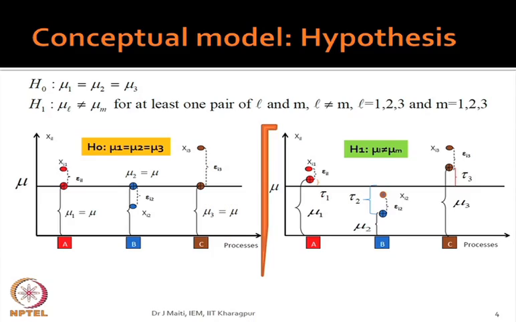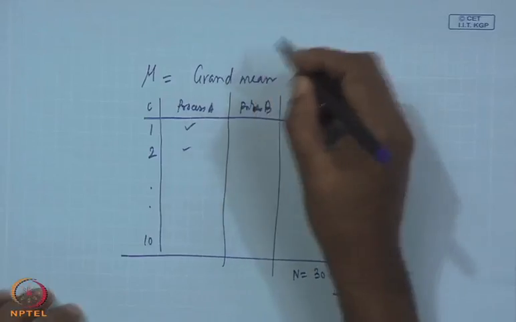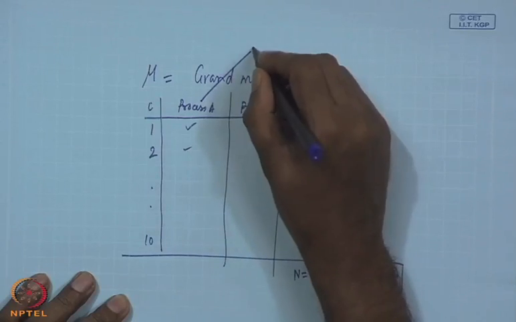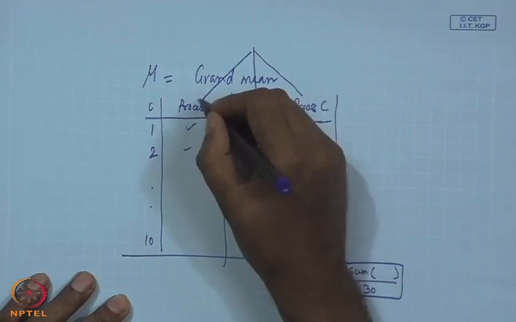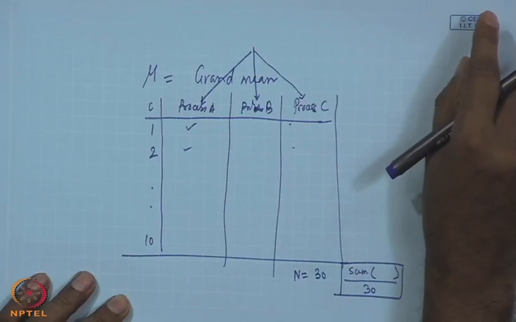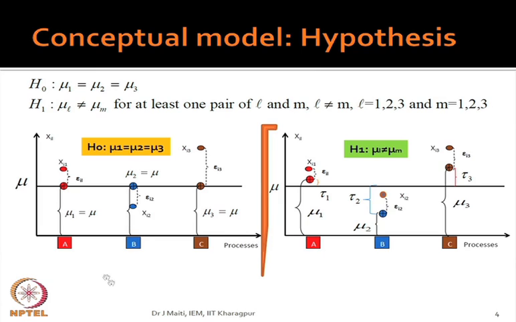Okay. Now, there is another mean which is known as process mean, or in this case we will say the population mean, because we have assumed that each of the processes is different, as if each of the processes is representing a population. Process A is one population, process B is another, process C is the other one.